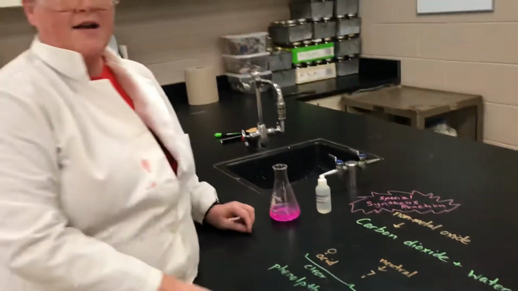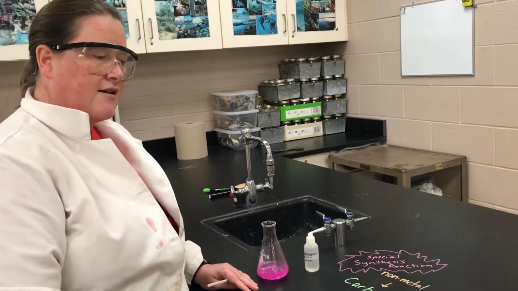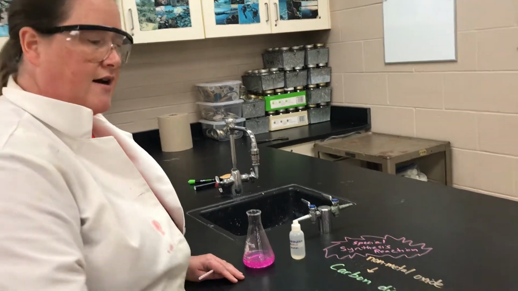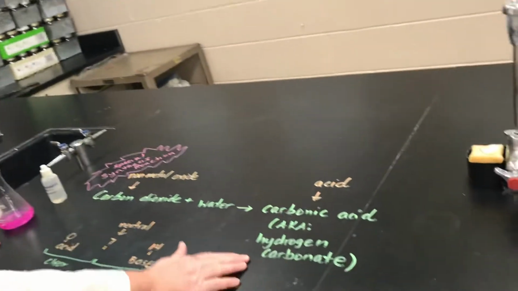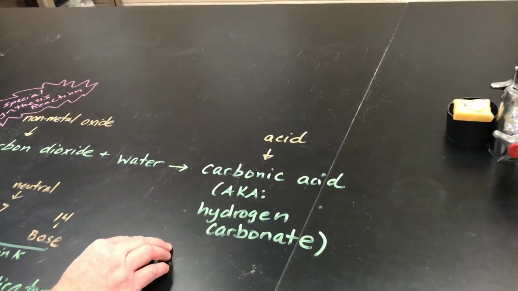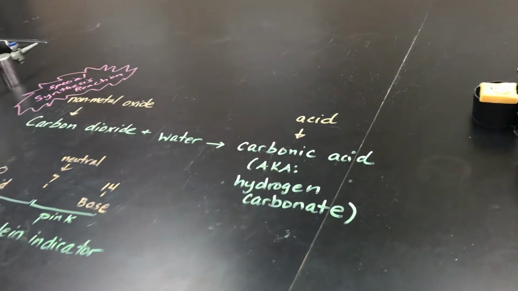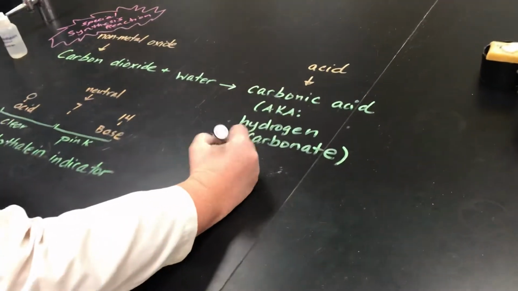And carbonic acid has the hydrogen ion in it and carbonate ion. Acids can be recognized in their formulas. I'll write the formula for carbonic acid.